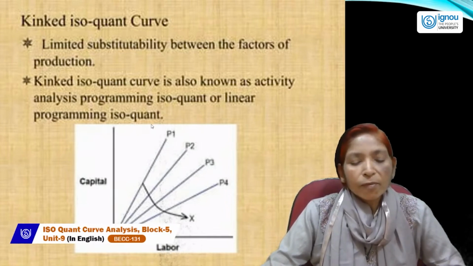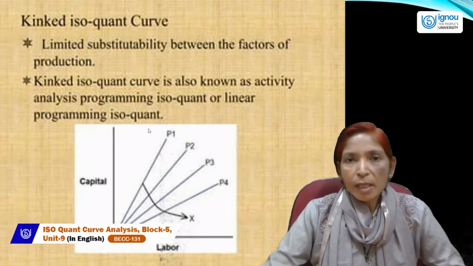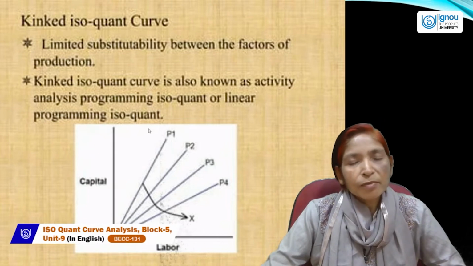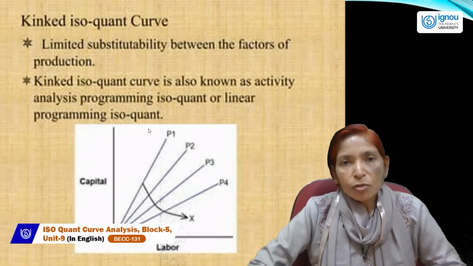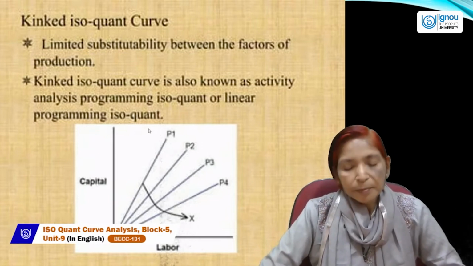Kinked means when the elasticity will not remain equal or the same, not always falling, not always increasing, sometimes falling. If both cases are applicable in the same situation, in that case, the diagram will be kinked shape.